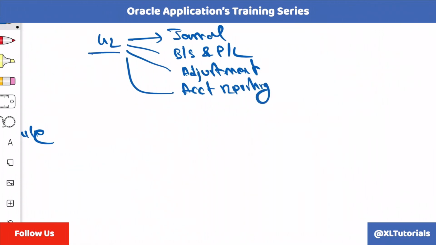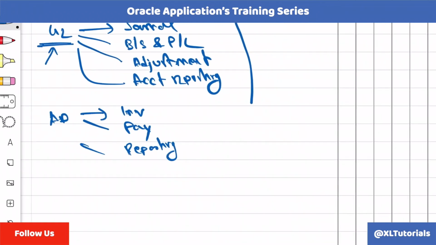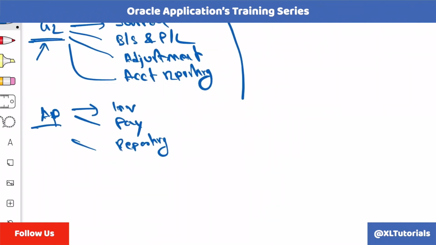So any module that you understand is basically a reference to a group of activities that the module can perform. A module is not a function in itself, it's a group of functions. Similarly, AP has functions of, say, invoicing, payment, again some reporting. Any module that you see in Oracle would be a group of activities that it supports.